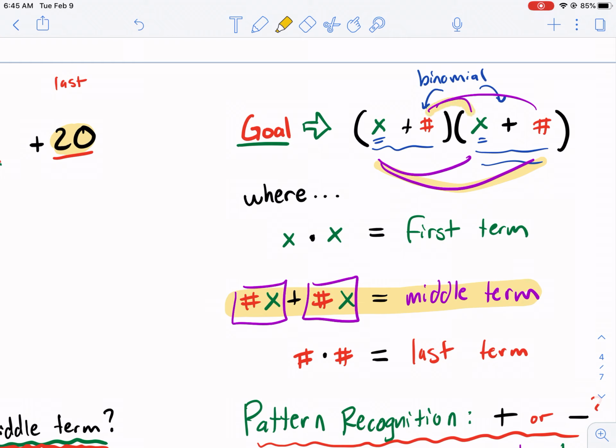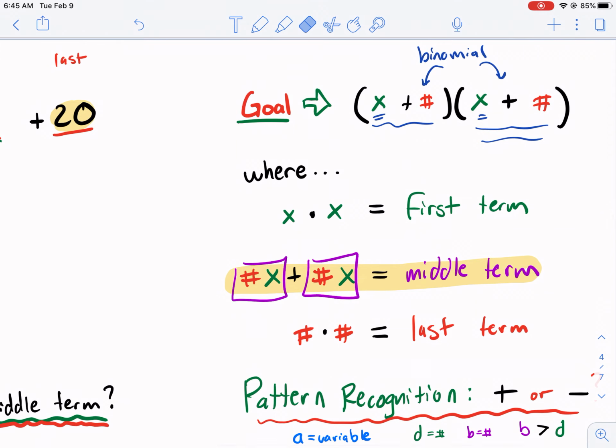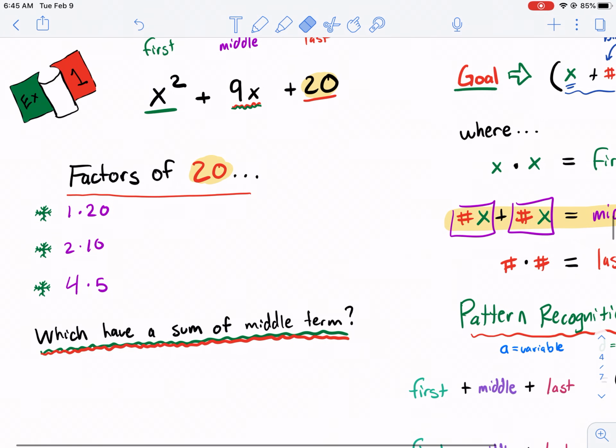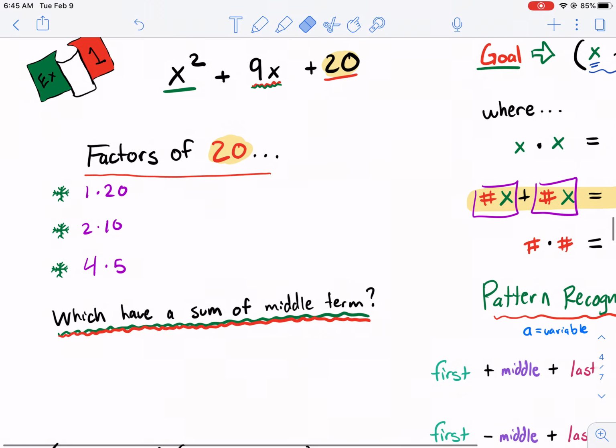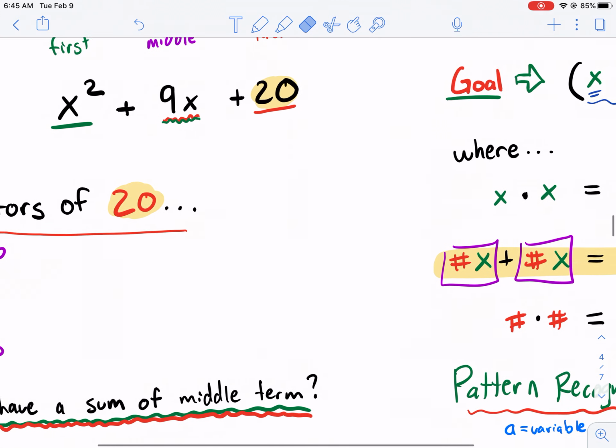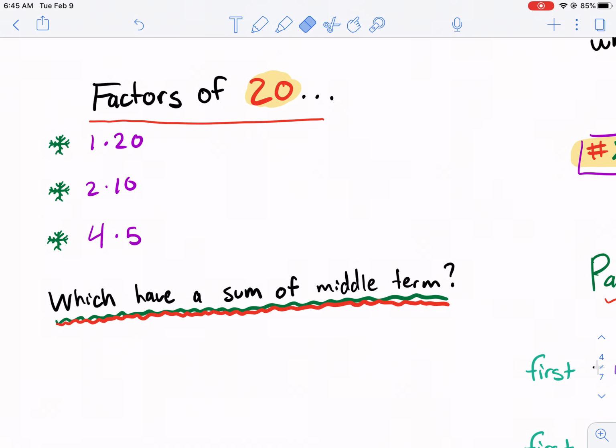We're going to end up with those 2 products added together, the sum of those 2 products of the first and last and the inside. So we're looking for what 2 products will give us a sum which has a sum of the middle term?